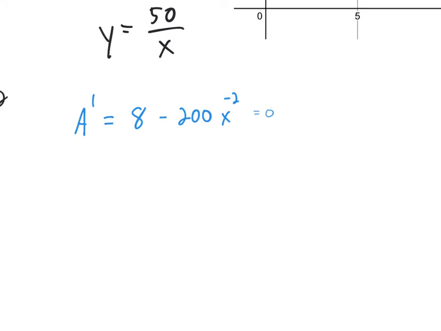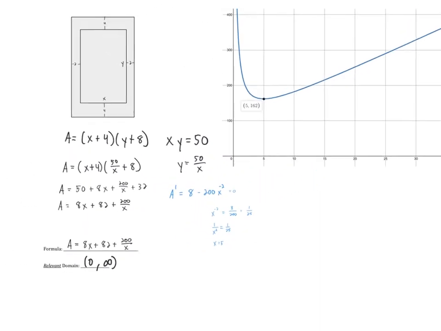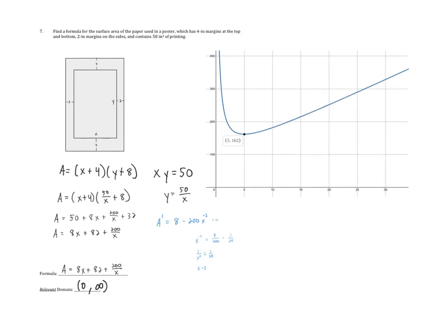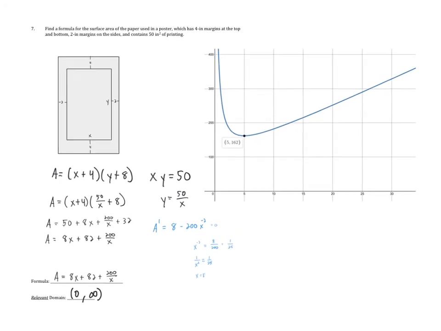So minus 8 divided by negative 200, and then that simplifies by 125, so that's 1 over 25. So really 1 over x squared equals 1 over 25. We can see x is plus or minus 5, but really 5 since it has to be positive. And we can see that's the x coordinate of that absolute minimum value.